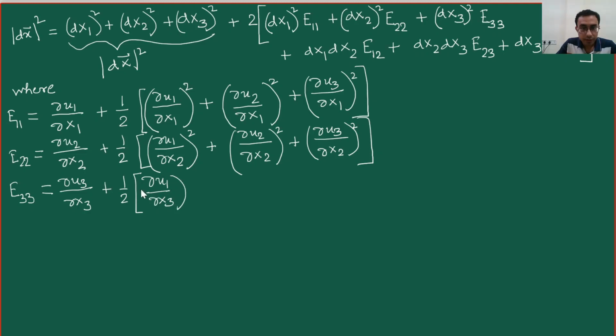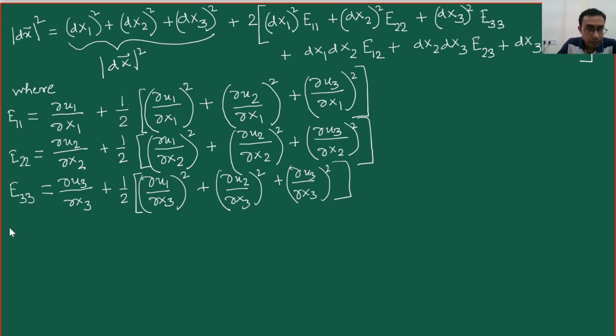This time we take the derivatives with respect to x3, take the squares just as before. Okay, now we have the cross terms, the E12.